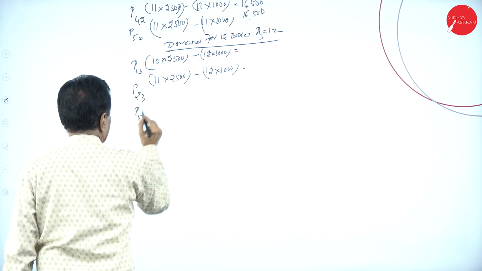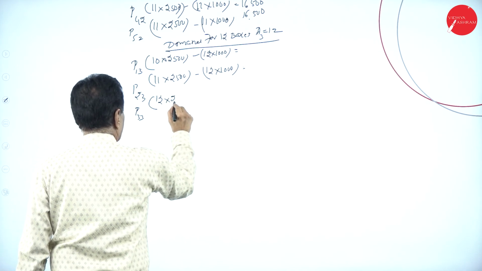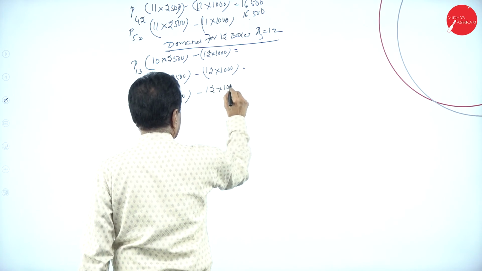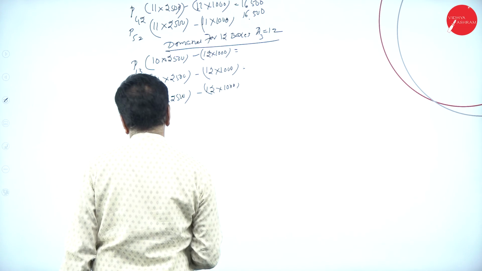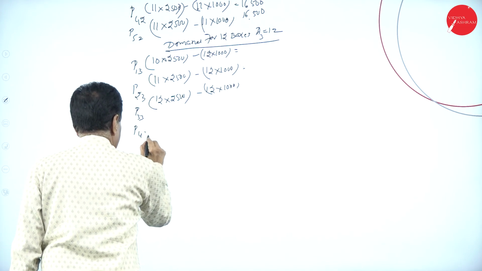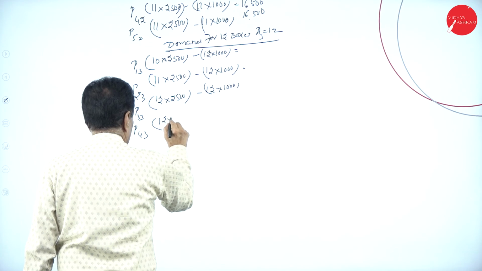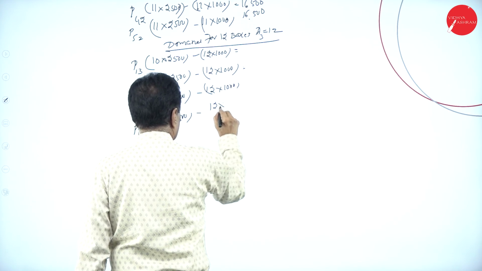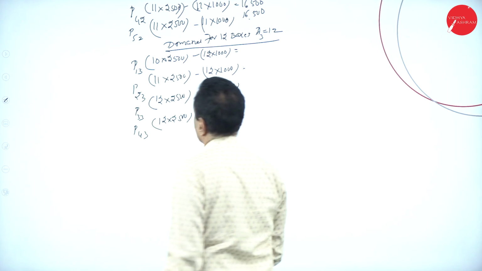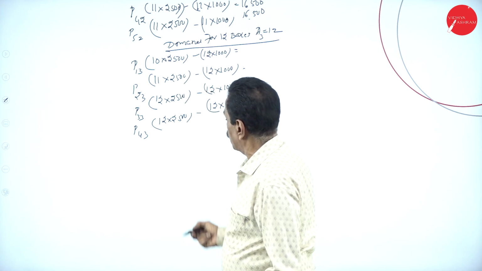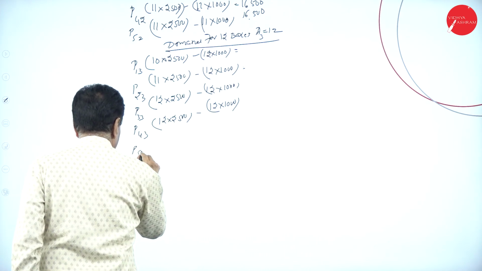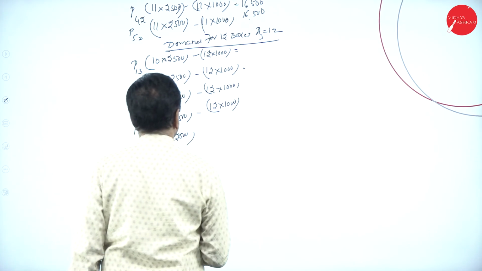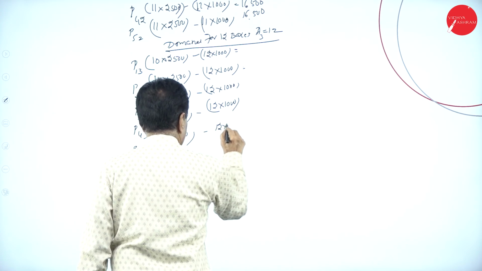P33: 12 into 2,500 minus 12 into 1,000. Then P43: 12 into 2,500 minus 12 into 1,000. So 1, 2, 3, 4. P53: 12 into 2,500 minus 12 into 1,000.